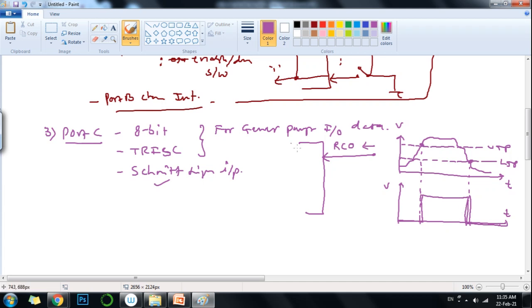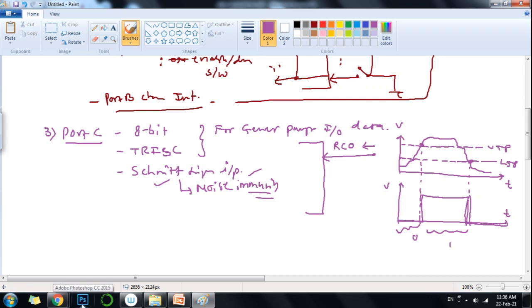But because it has Schmitt trigger input facility, it doesn't matter. The waveform shaping will be done automatically, and the microcontroller will not get confused by this random change. It will consider the input strictly as logic 0 up to this and strictly as logic 1 in this region. So that is the advantage. This effectively provides what is called noise immunity during receiving the data.